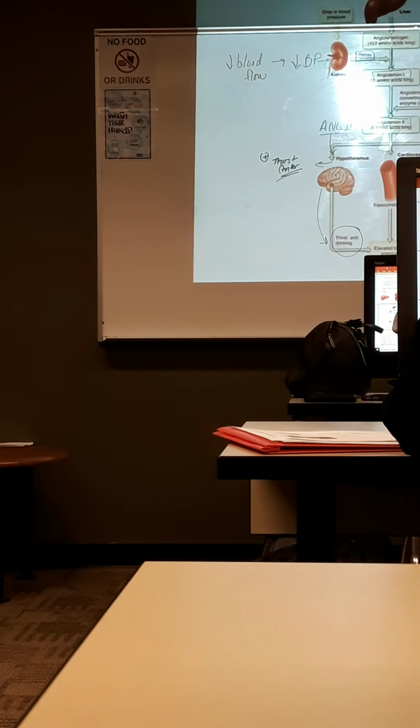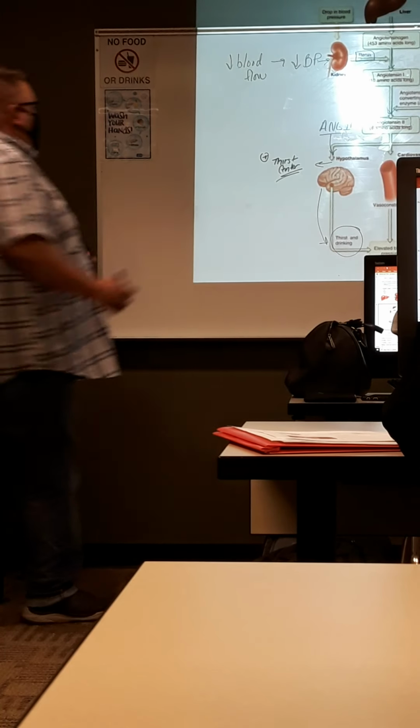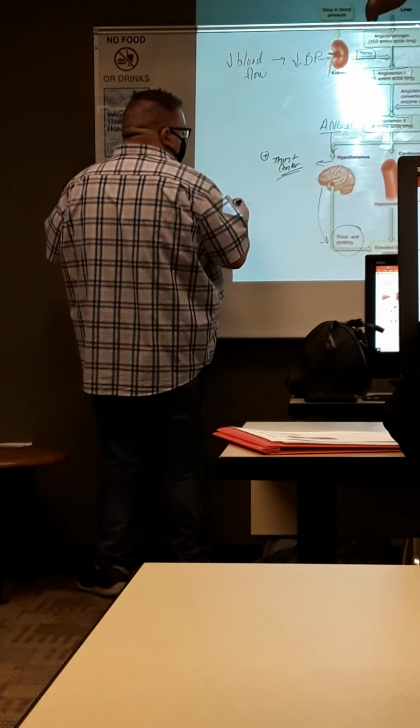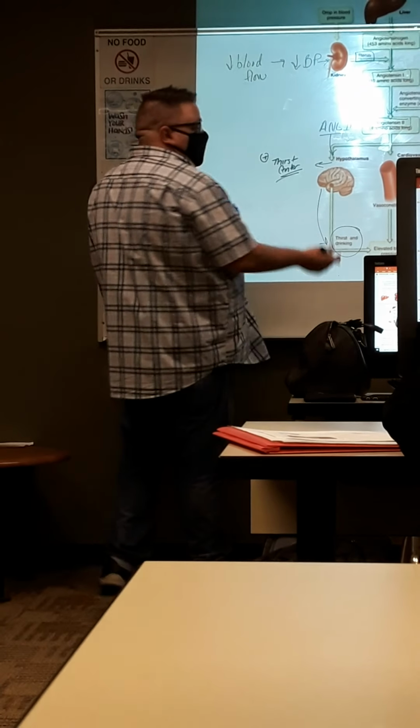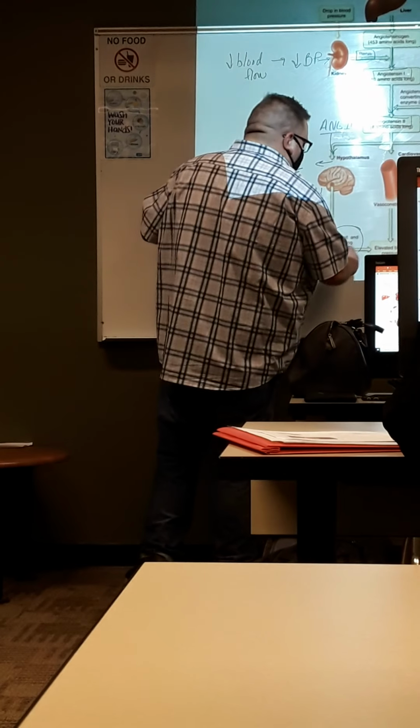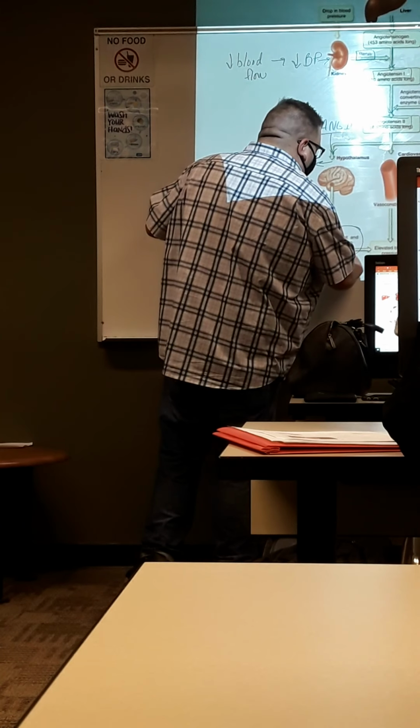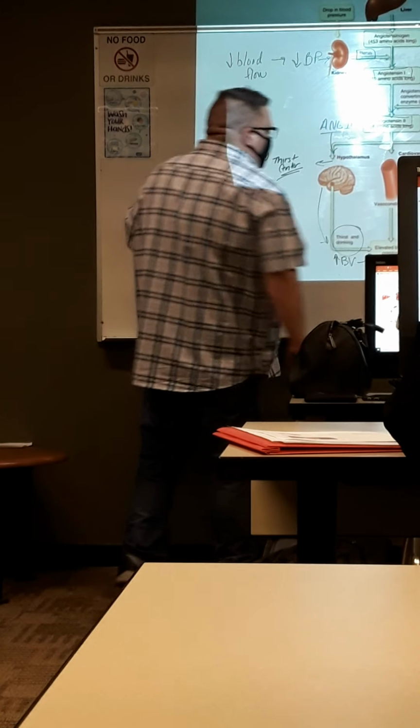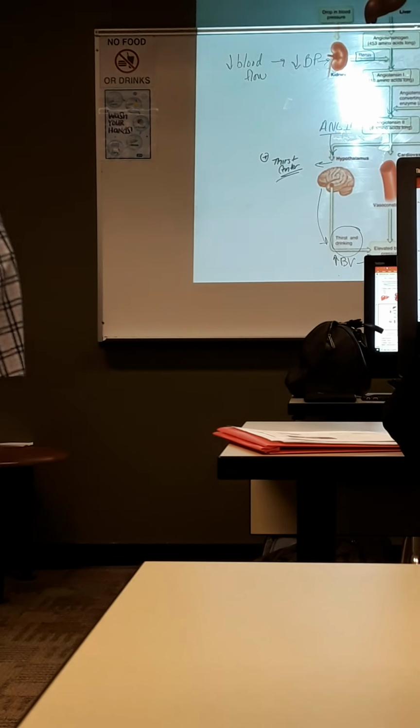Or soda. What happens to your blood volume? It increases. Right. So if you increase drinking fluid, you're going to increase blood volume, which is going to increase your blood pressure. So basically you drink more fluid. There's more fluid in your body, more blood plasma, so it increases your blood pressure.